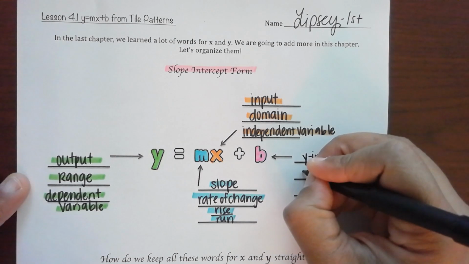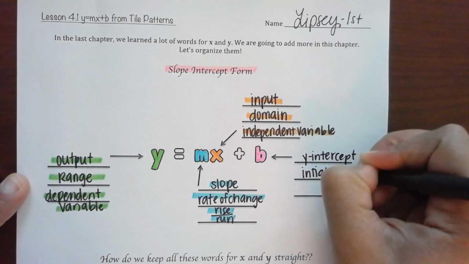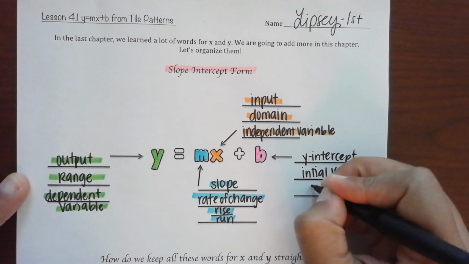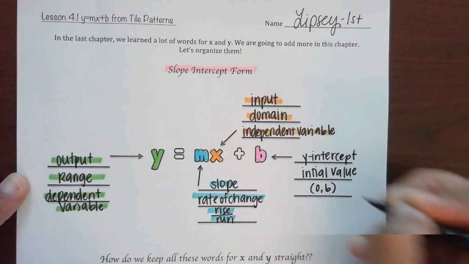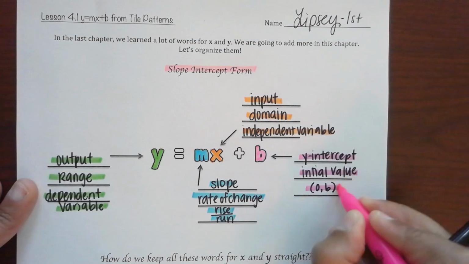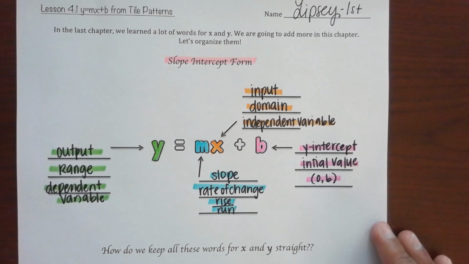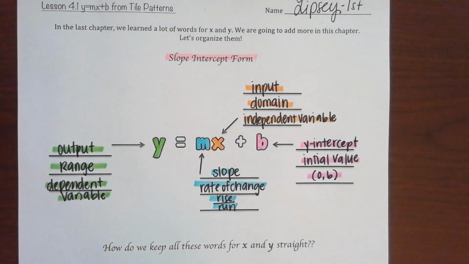Which is also called the initial value, written as (0, b). Any questions on any of these pieces? So we have four extremely important pieces of this equation. We have a y, an m, an x, and a b.